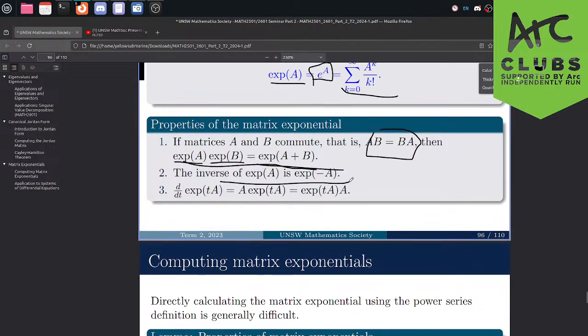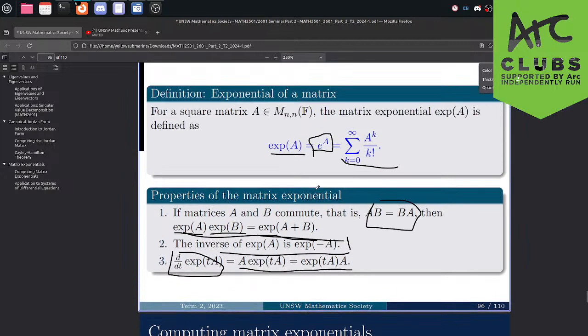The inverse of exp(A) is exp(-A). This is pretty useful because it allows us to skip some calculations for inverses. And if you differentiate exp(tA), you can basically just take the A out, as if you're differentiating as if A is a constant.